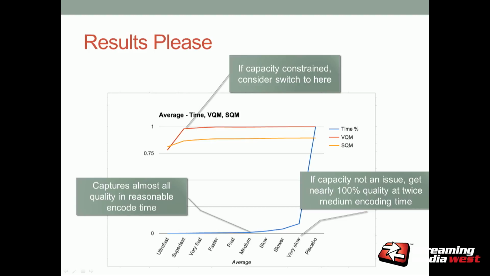But if you were getting time constrained and using the medium preset, you could cut all the way down to super fast and you wouldn't lose that much quality. So if you're saying, okay, we either have to buy a new machine or encode faster, that's something you could do. On the other hand, if capacity isn't an issue, you could roughly double your encoding time over medium, go to the very slow preset, and get a little bit more quality at not much more encoding time.